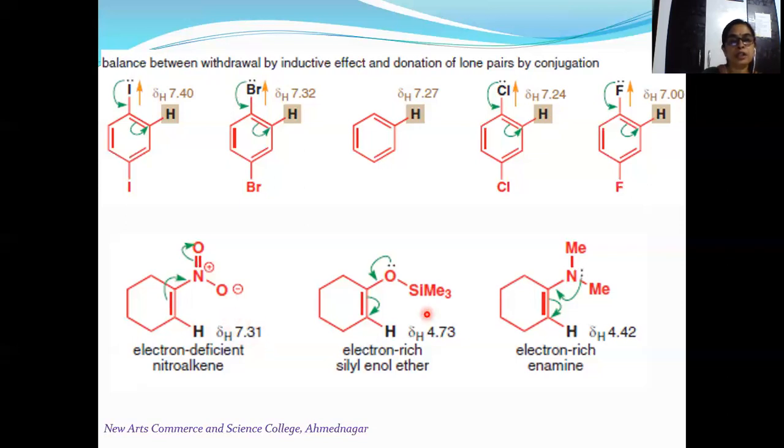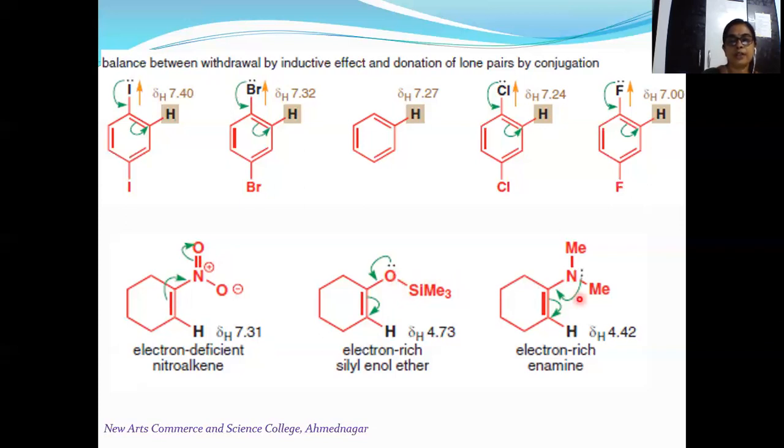7.31. Now when this substituent is present, oxygen is having electron donating resonance effect. So now this proton, the beta carbon atom proton, is getting an electron rich surrounding. The beta carbon atom becomes electron rich, and that's why the proton is a shielded proton. Compare this electron withdrawing resonance effect and electron donating resonance effect.